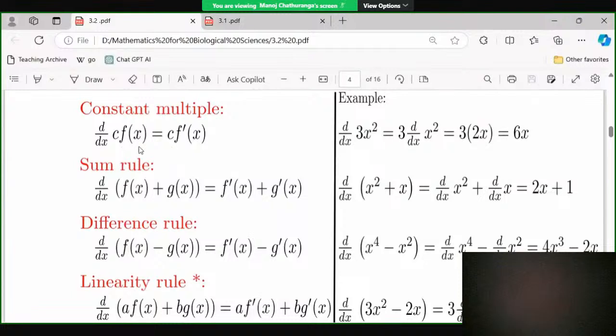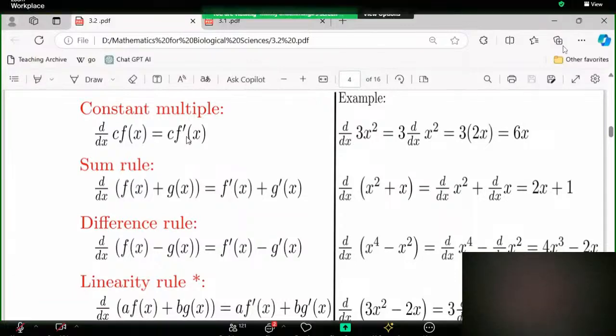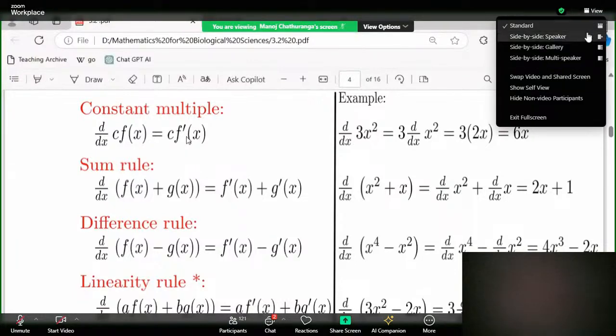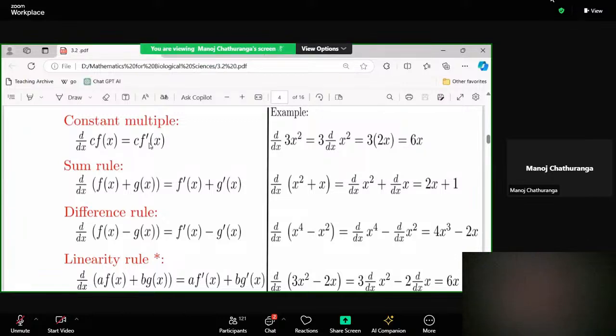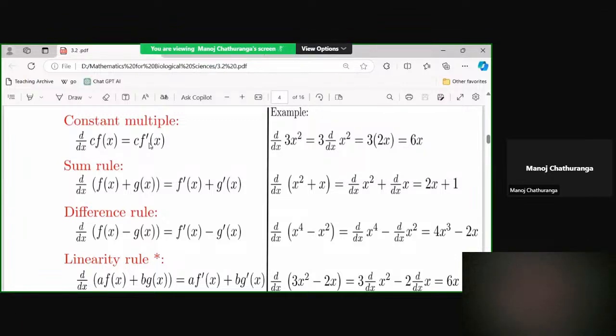It stays there. Keep the constant, differentiate the function you have. For example, if you have 3x squared, keep the 3 in front, differentiate x squared. The derivative of x squared is 2x. Now 3 times 2x is 6x. Like here.